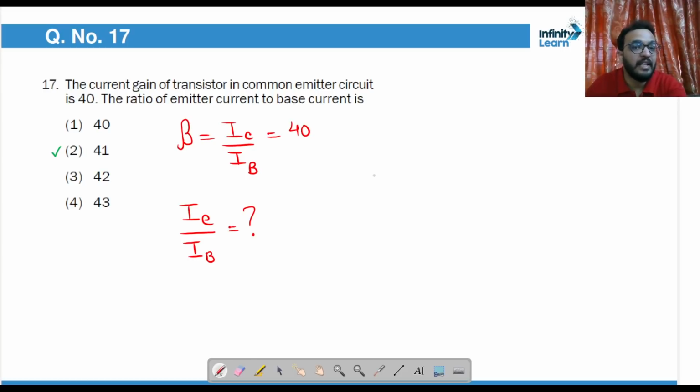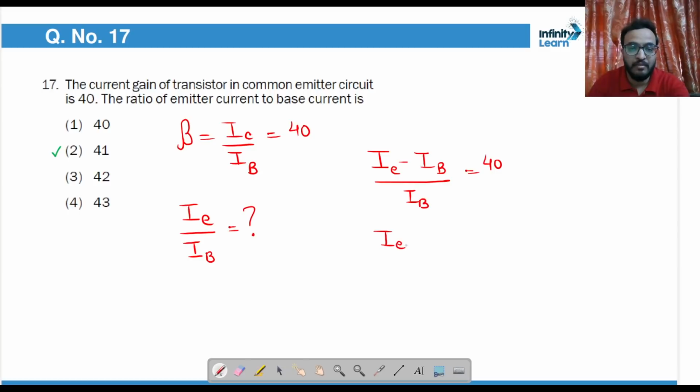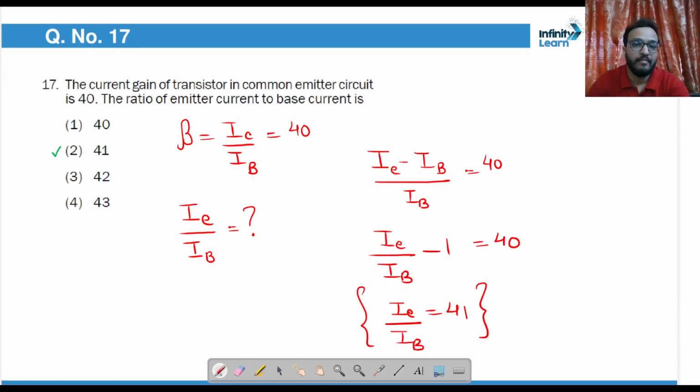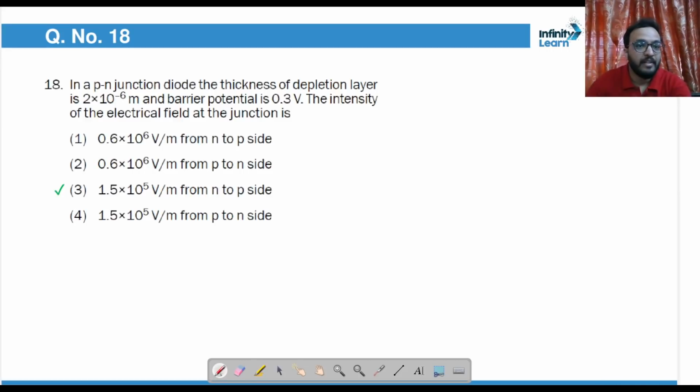We can say that IC is IE minus IB, so (IE minus IB) upon IB is equal to 40. So IE upon IB minus 1 is 40. So emitter current upon base current is 41. That is what they want, and I guess option number 2 is correct.